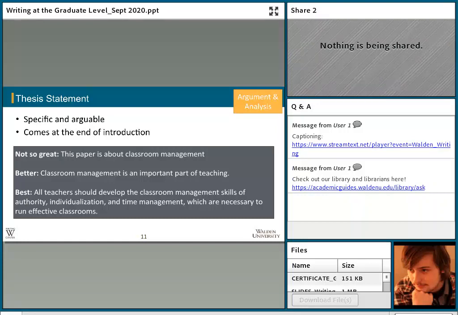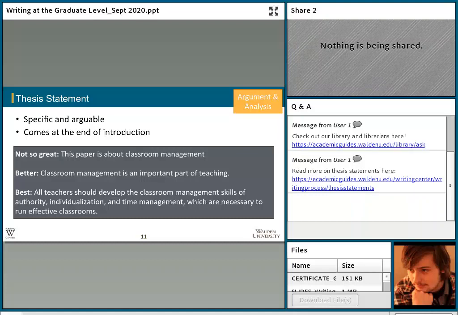These are elements of classroom management, but we're being more specific than we were in our previous two examples. We're not focusing on classroom management as a broad umbrella idea. We're focusing in on these three aspects of classroom management. And the argument here is that these are necessary to run an effective classroom.